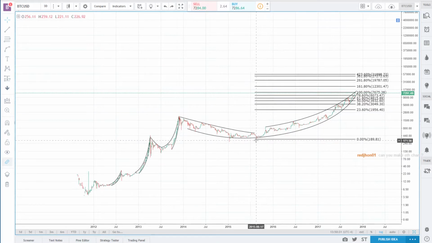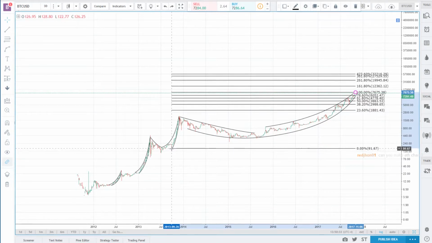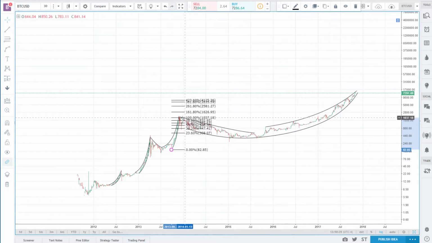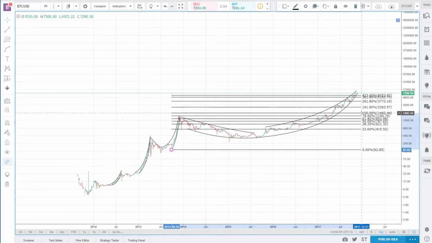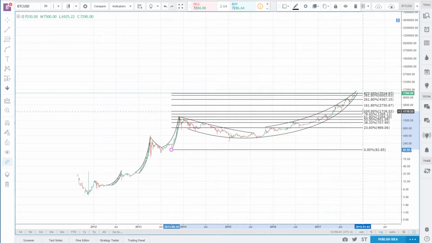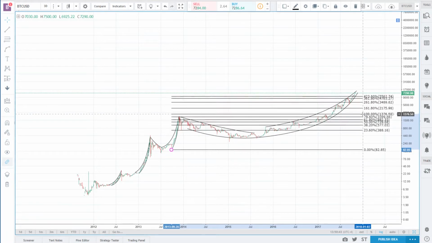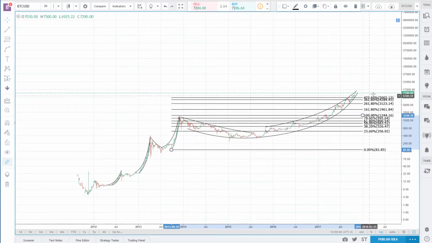And if we move this down to here, what did this do? Again, where's the 100? I'm losing it. There we go. We're seeing these crazy fib extensions, but the next accumulation phase could push us to $30,000 to $40,000, maybe even $50,000 per Bitcoin.